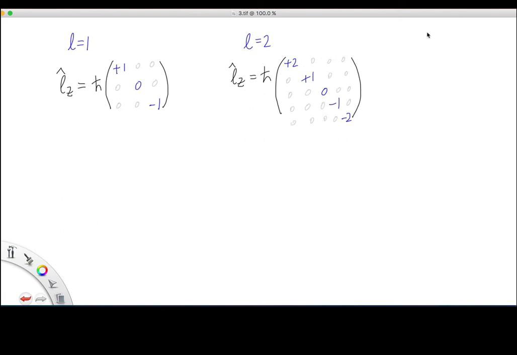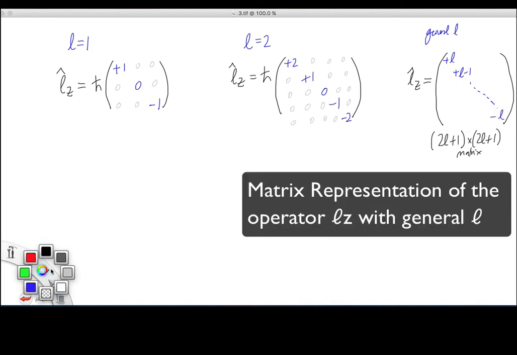So in general, the matrix representation of the operator Lz is a 2L plus 1 times 2L plus 1 matrix with the ml values, starting at plus L, going down L minus 1, all the way down to minus L on the diagonal, and zeros everywhere else. So that's the matrix representation of the Lz operator.